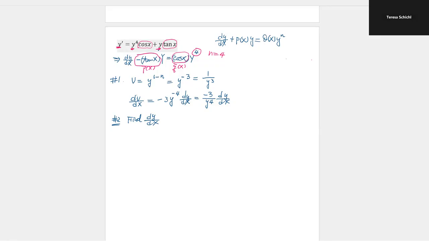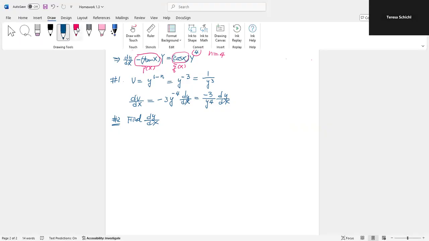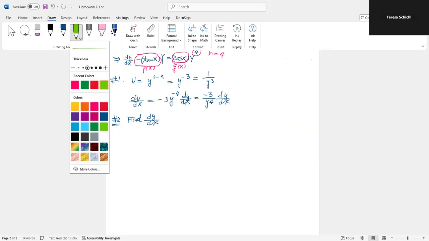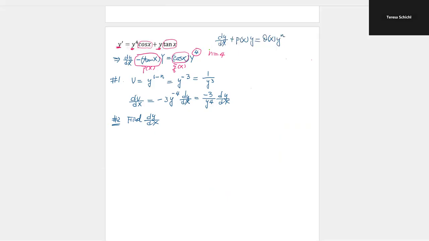So we change dy/dx to be in terms of dv/dx. In order to do that, let's just divide by the coefficient. I can just multiply by negative 1 over 3 here, so I can cancel that out.